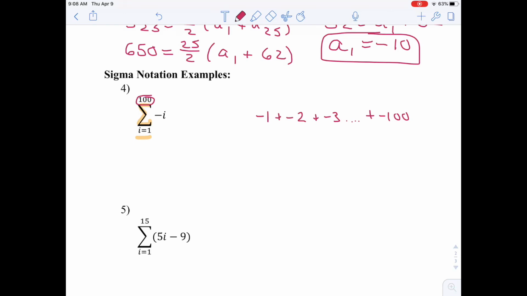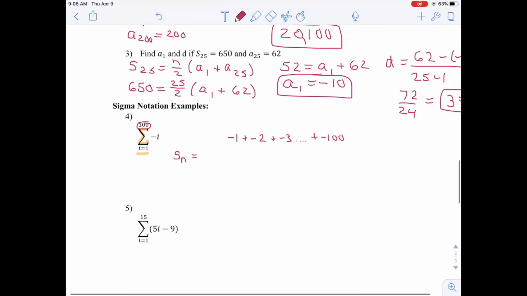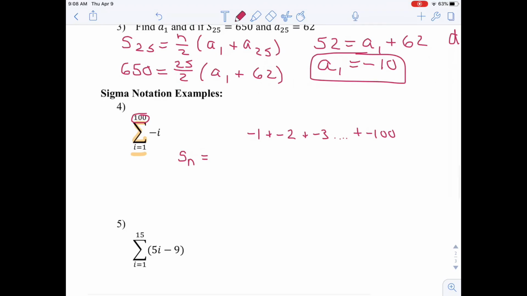But we can turn this into what we did above, where S sub n, think about it, we know our first and last term. So we're going to use n over 2 times a sub 1 plus a sub n. And we have 100 terms. So 100 over 2.